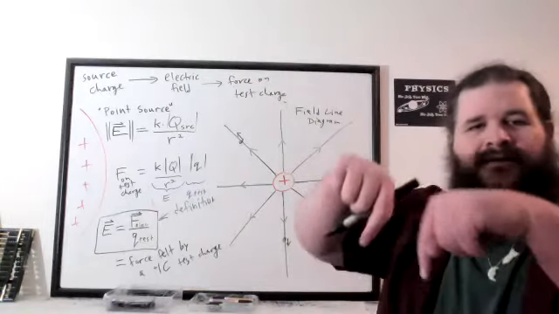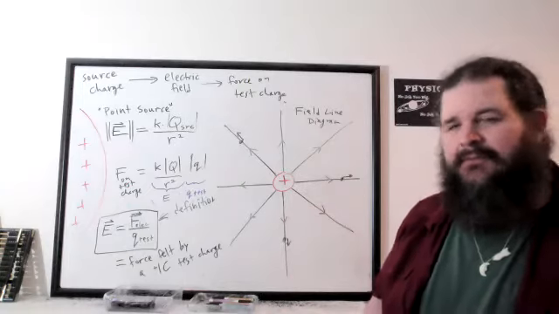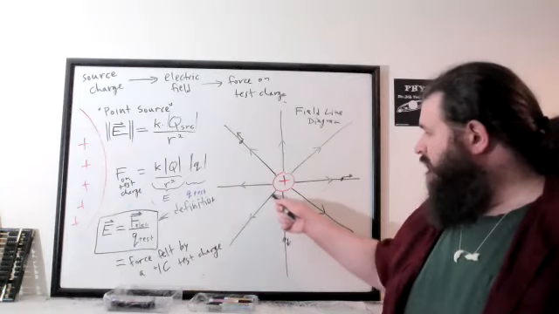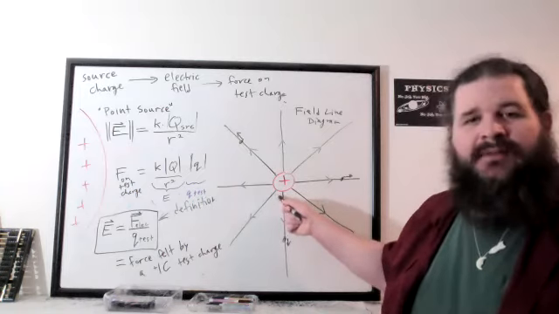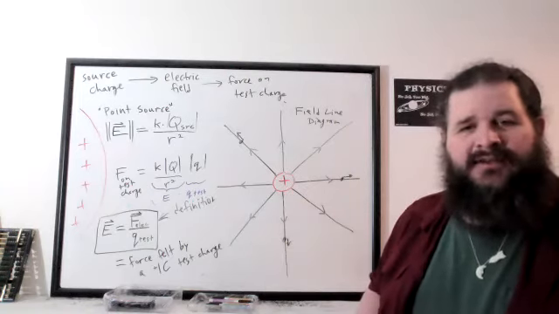Yeah, they're more separated. They get more spread out. That's how we signify magnitude in the field line diagram. If the field lines are packed very close together, that means a strong magnitude. If the field lines are more spread out, that means a weak magnitude.